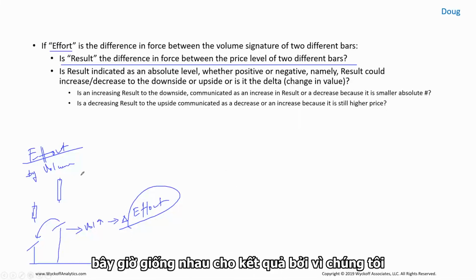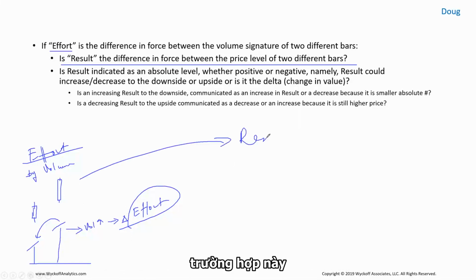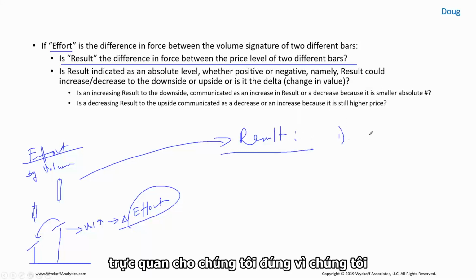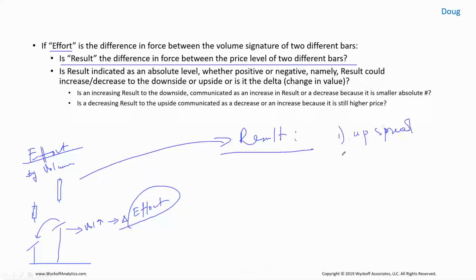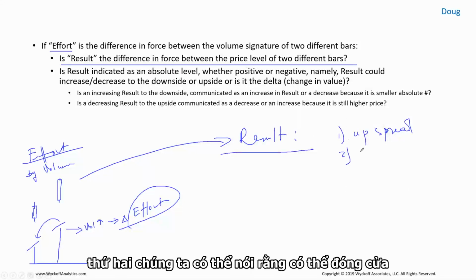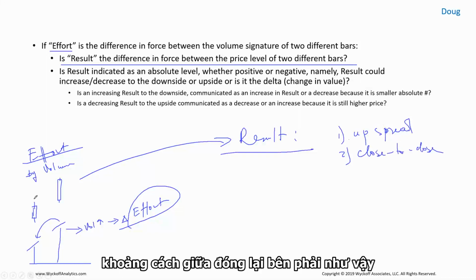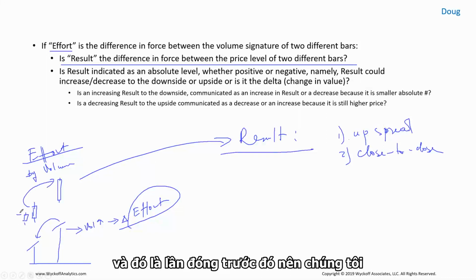The same for the result, because the result is going to be all about something quantifiable, something visual for us, right? Because we're reading the chart. So we're going to say that the up spread has increased. Secondly, we could say that maybe close to close, the distance between closes, right? So maybe the previous bar was somewhere here, and that was the previous close.